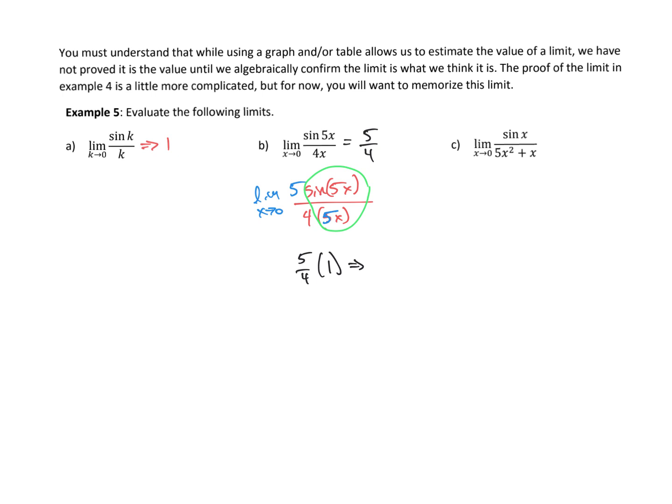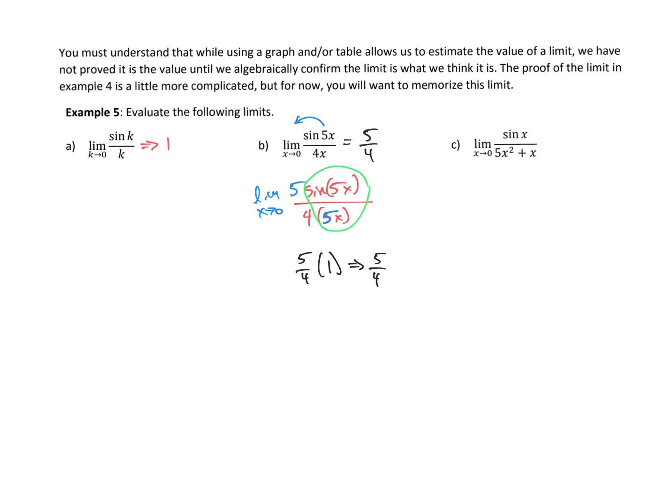Now, I know some students will try to do this, and I will not give full credit. I'm going to have this on a quiz and a test, and you might get your point for your answer. However, in calculus, the answer is only worth so much. All right, it's actually the process that they look at. So I know some people are going to want to pull out that 5. That's illegal.